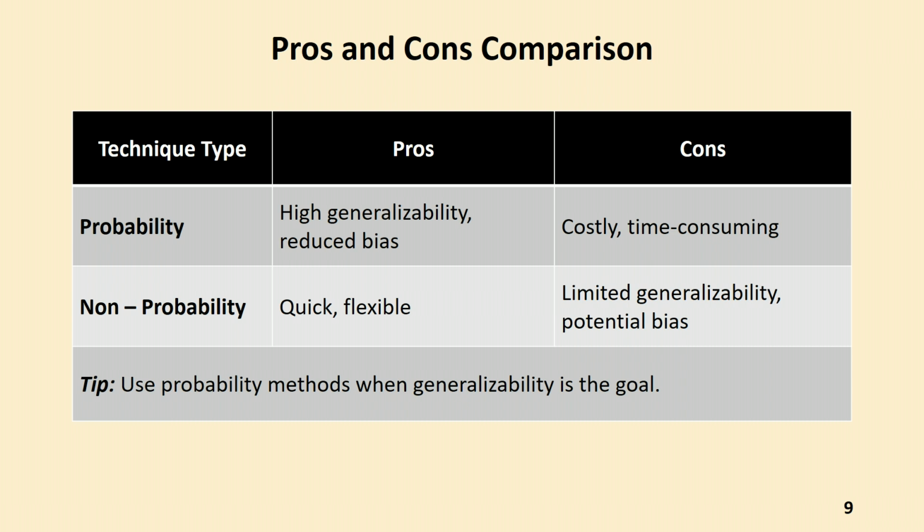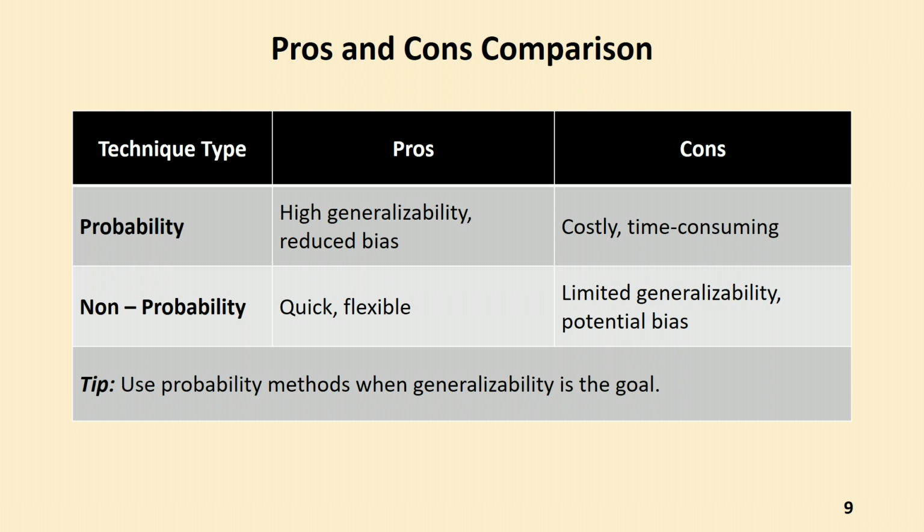Be focused on your research demand, what your research is trying to ask, what your research is trying to inquire. Look into these aspects every time, otherwise probability and non-probability sampling will not serve the purpose.